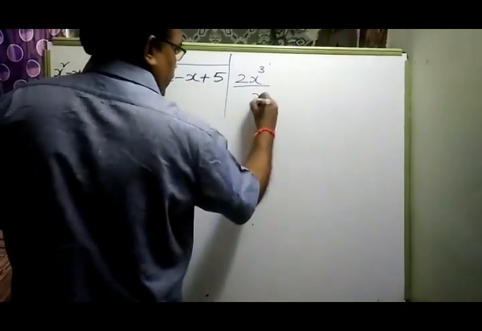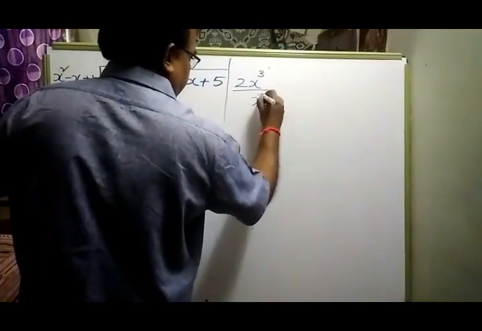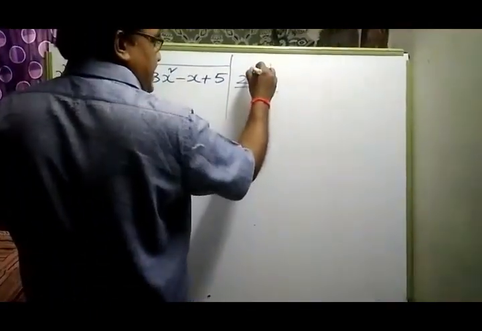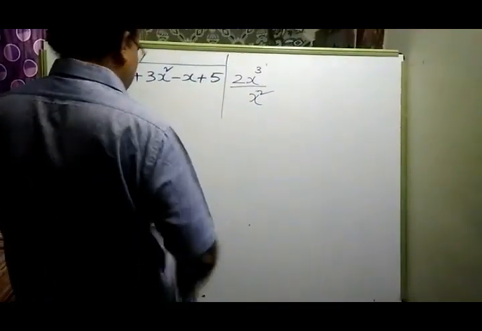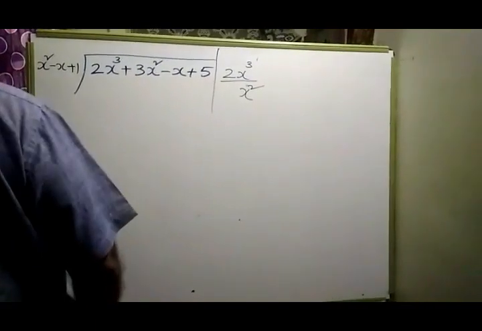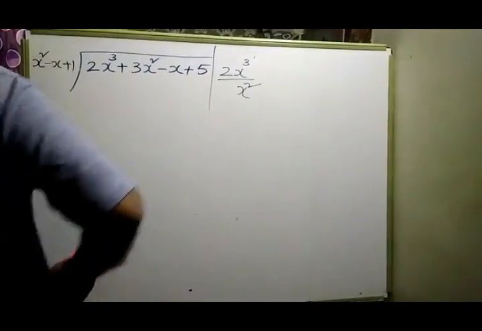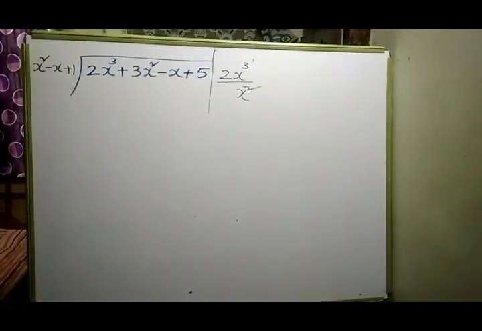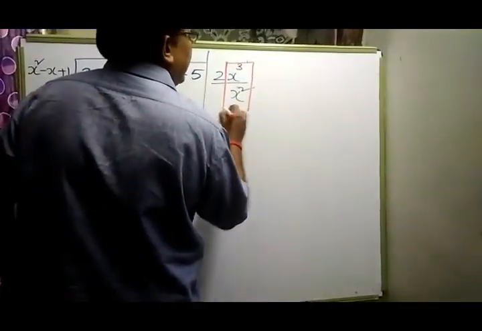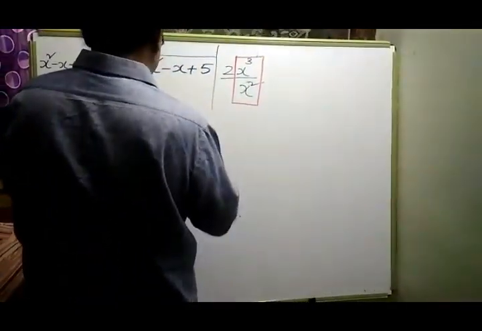X squared. So 2x cubed by x squared. 2 by 1 is equal to 2.